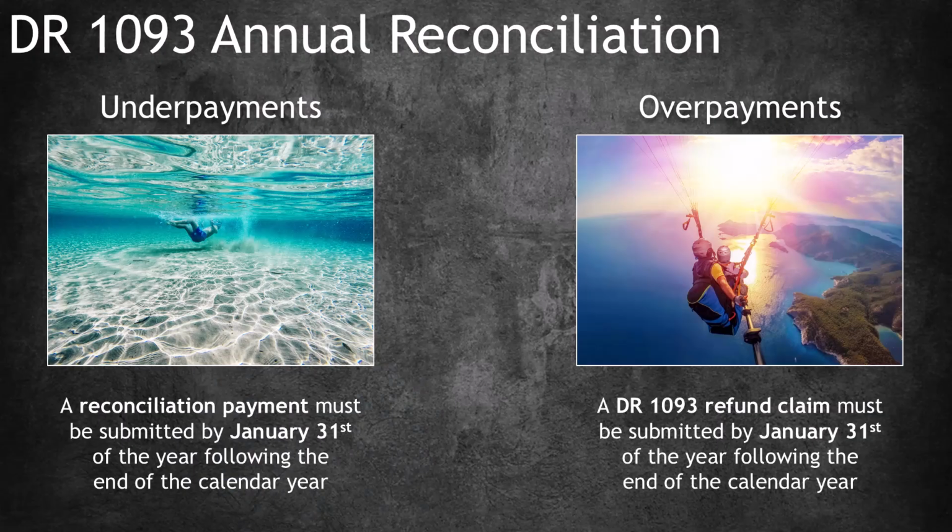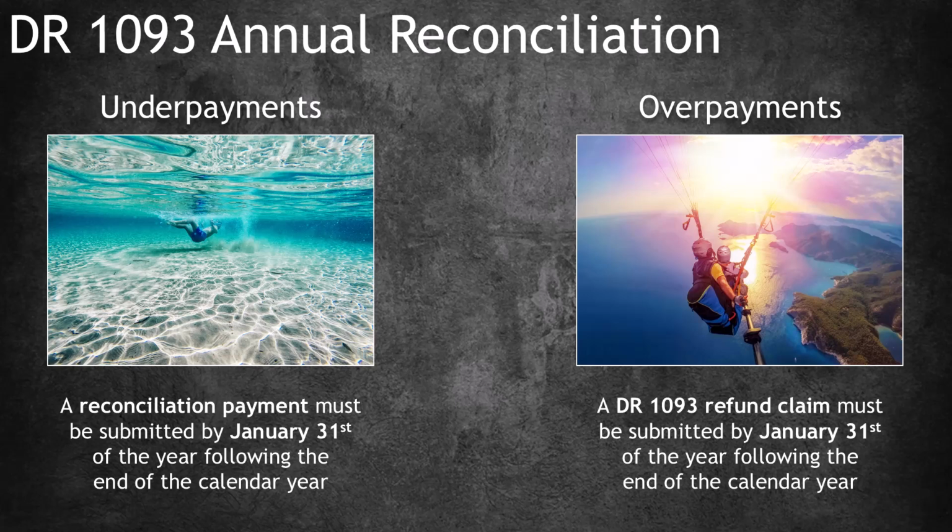Form DR 1093 is used to reconcile withholding discrepancies over a calendar year due to an underpayment of withholding where a reconciliation payment is due, or an overpayment of withholding where a refund is being requested. If the DR 1093 is filed by January 31st, it will serve as a claim for refund of overpayment.